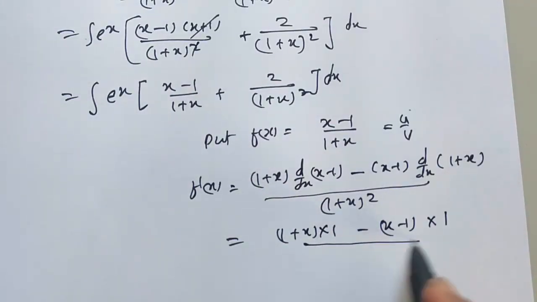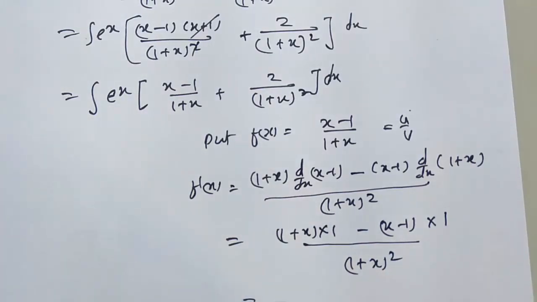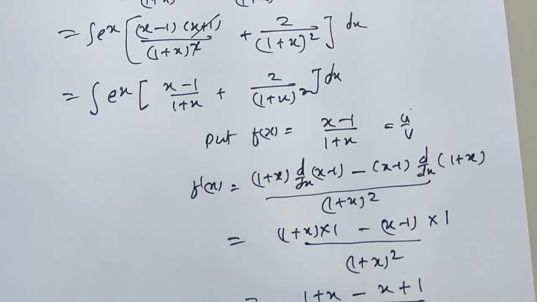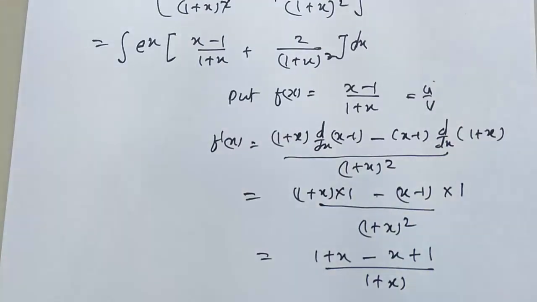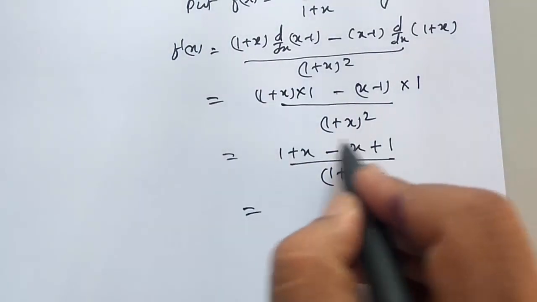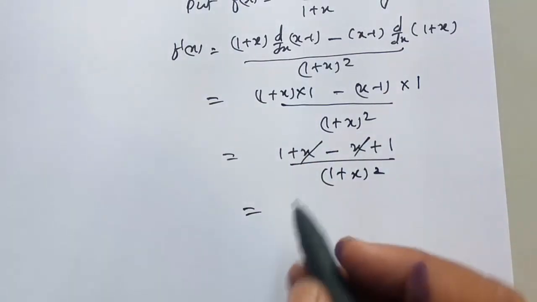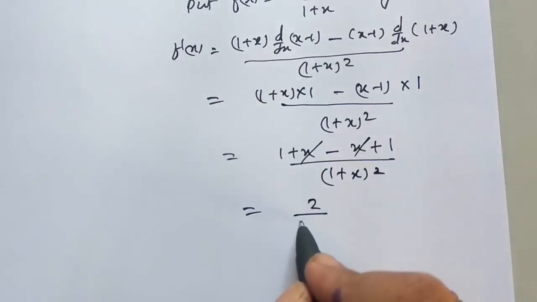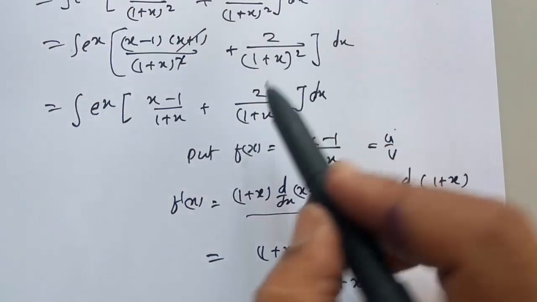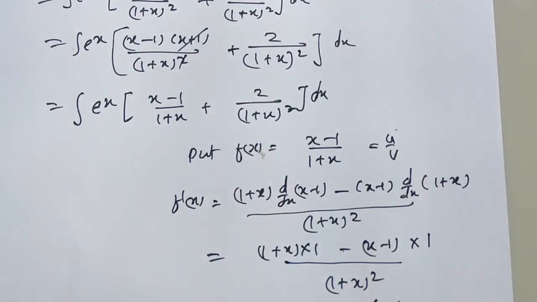So this is equal to (1 plus x) minus (x minus 1) upon (1 plus x) whole square, which is equal to x minus x gets cancelled, 1 plus 1 is 2, so 2 upon (1 plus x) whole square. So it is f dash of x.